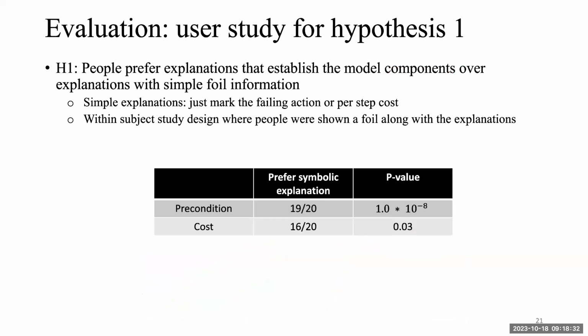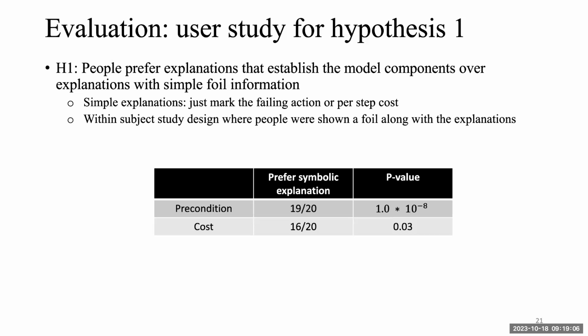Other than that, we also conducted 2 user studies. In the user studies, we wanted to see how useful our symbolic explanations are. In the first user study, we wanted to see if people prefer explanations that establish these model components over explanations with just simple foil information. Simple explanations are where we just mark the action that would fail, or we look at the per step cost and just tell the user what the per step cost is.